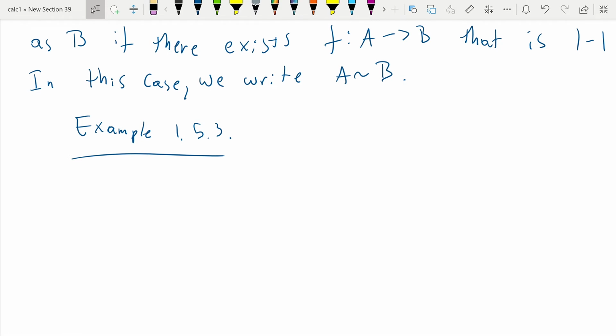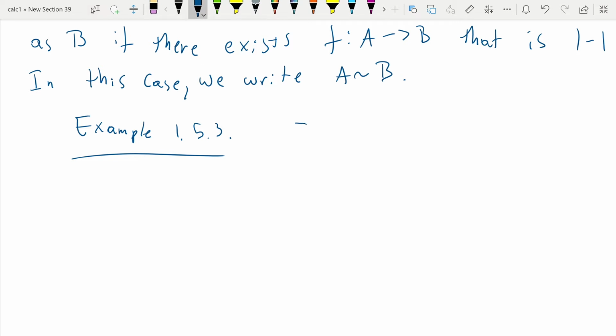Now, the example they have in the book here, 1.5.3, is good in the sense that even though a set can be strictly contained in another, when you're dealing with infinite sets, you can still have the same cardinality.